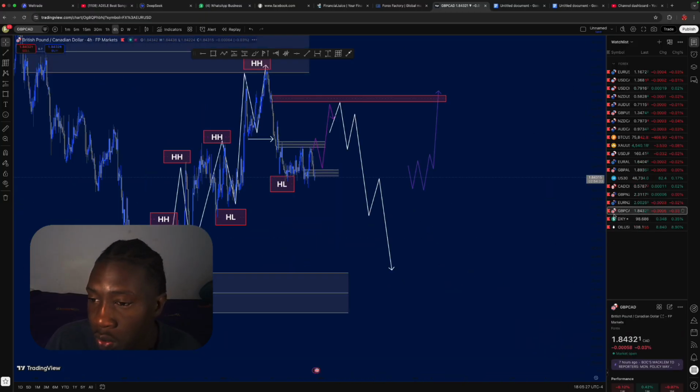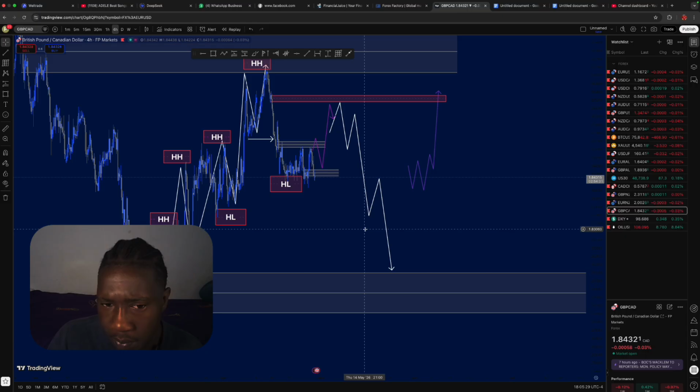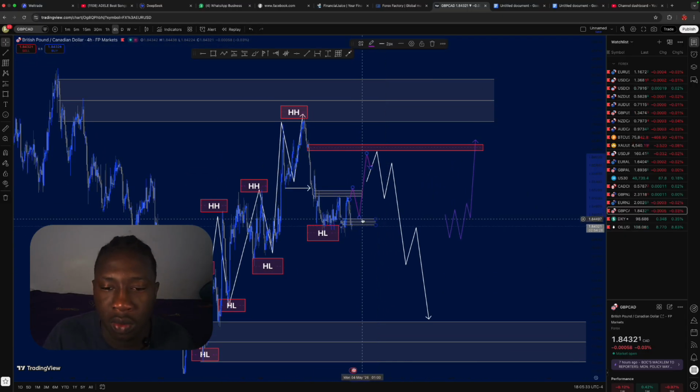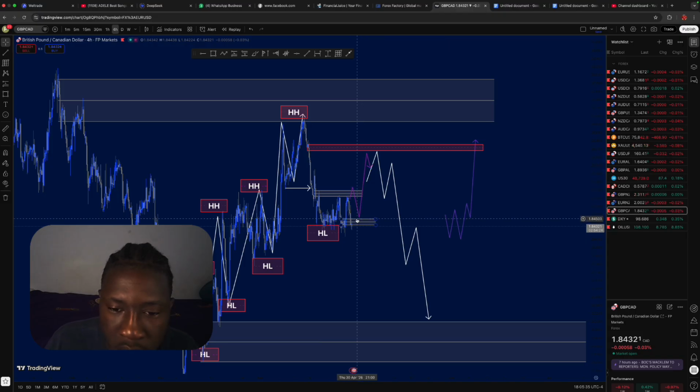And then we go to GBP CAD. I was looking for a pullback at this level, because yesterday we said we need a pullback at this level, then we'll take the market to the upside.